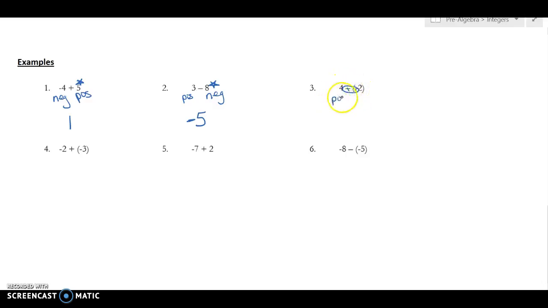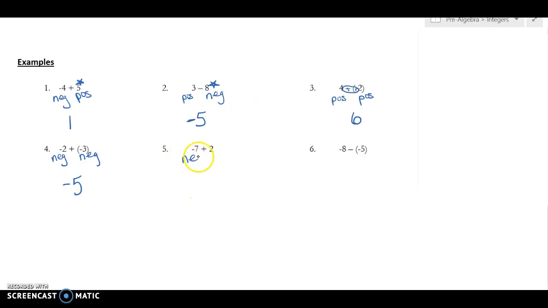And so this is positive, and now this one's positive. And same sign add, so 4 plus 2 is 6, and since they're both positive, it stays positive. Number 4, here's a negative and here's a negative. Same sign add, and so 2 plus 3 is 5, and it's a negative because they're both negative.